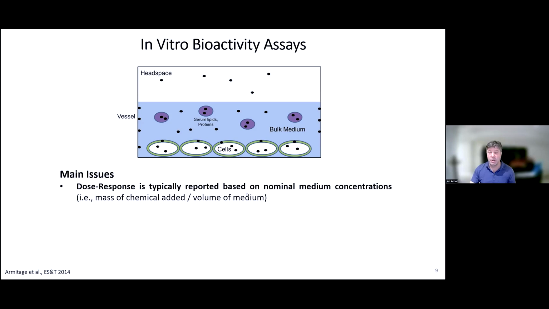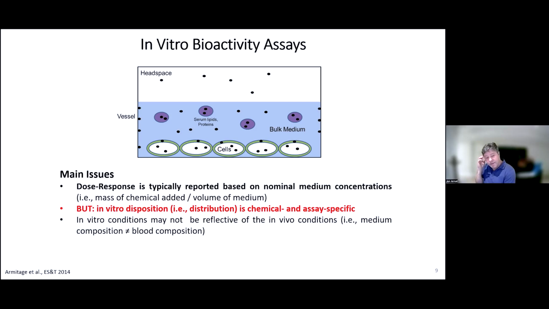And that is the nominal medium concentration that's typically being extrapolated to AEDs. However, it's important to recognize that in vitro chemical distribution and disposition within the system is a function of the chemical properties and the assay properties. So depending on your chemicals or your assays, you can get different results in, for example, the freely dissolved concentration.